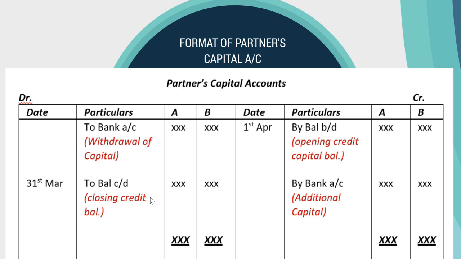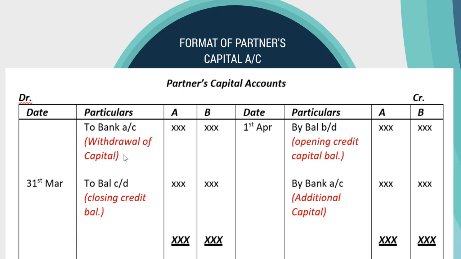The second feature which we were discussing was that the partner's capital account can have only a credit balance. For the partner's capital account to have a debit balance, the balance carried down should come on the credit side of the account. In other words, the debit side should be greater than the total of the credit side. Now if you see here on the debit of the partner's capital account, the withdrawal of capital.